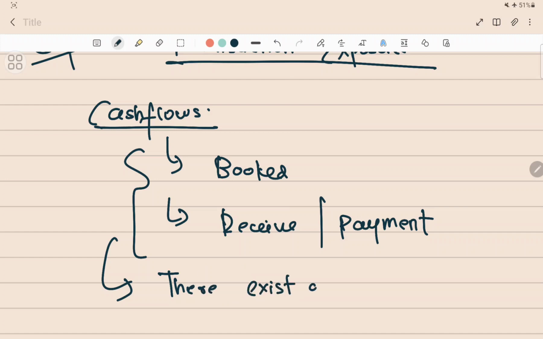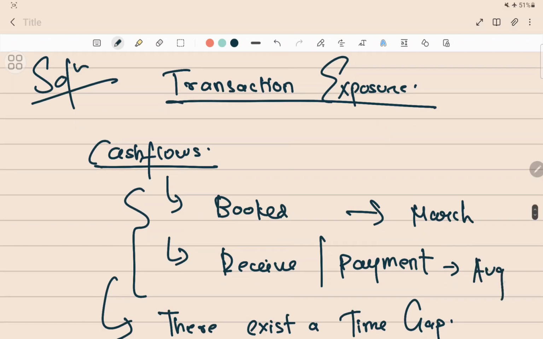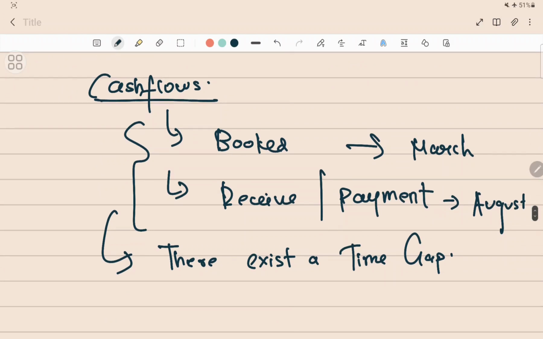There exists a time gap. For example, a receipt was booked in March, say, and the actual receipt was in August. So there's a time gap. March is my spot, when the contract was entered into, and the actual receipt is the forward.